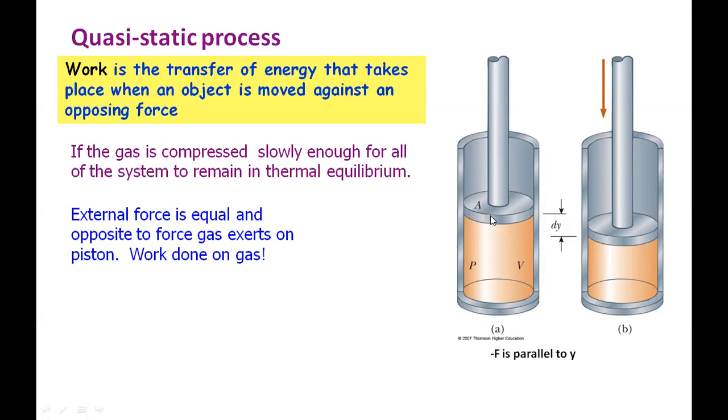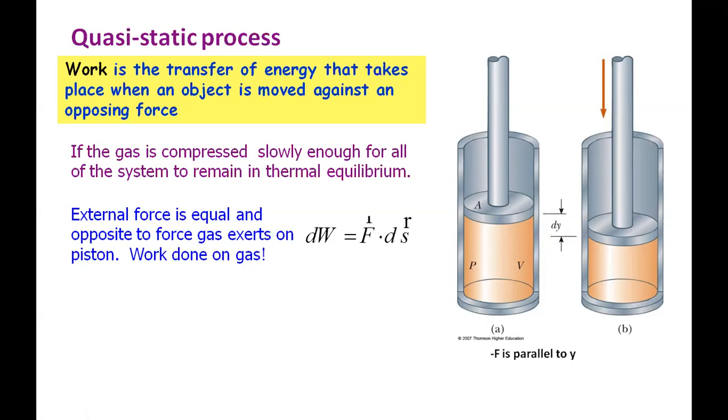If the gas is compressed slowly enough for the whole system to remain in thermal equilibrium, the external force is equal and opposite to the force the gas exerts on the piston. In this case, work is done on the gas, so minus F is parallel to Y. This is F and this is Y.